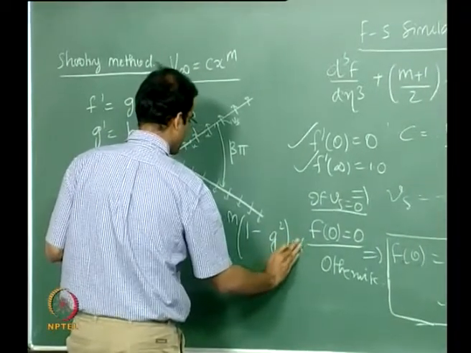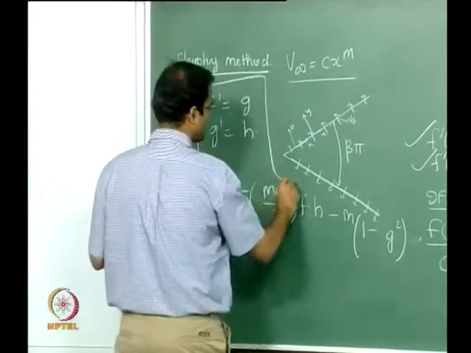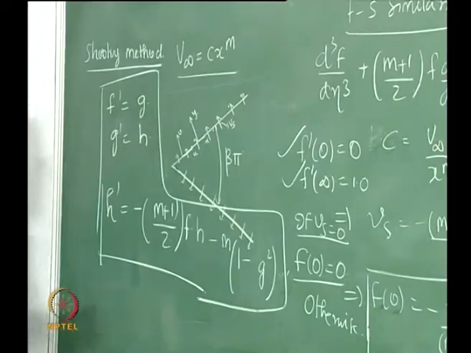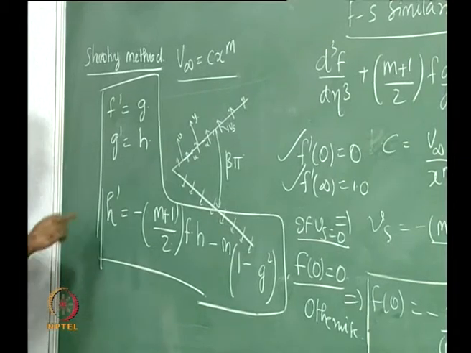So this is your set of first order ODEs that you have reduced from the given third order ODE, and the corresponding boundary conditions.